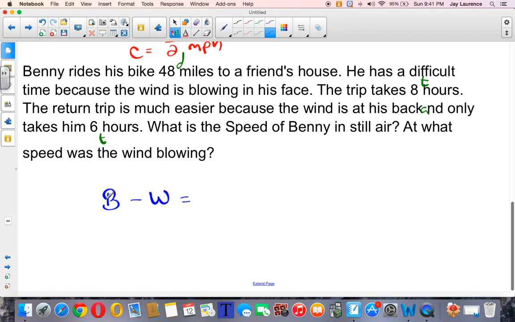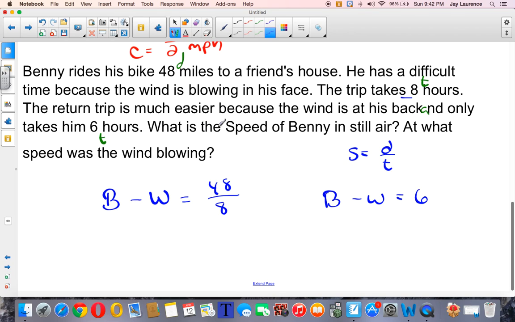I got a bike speed or Benny's speed minus the wind speed. That has to equal speed. What is speed? Speed is distance divided by time. What's the distance? 48 miles. How much time does it take? Well, against the wind, it takes 8 hours. Simplifying that equation, I'll get B minus W equals 6.